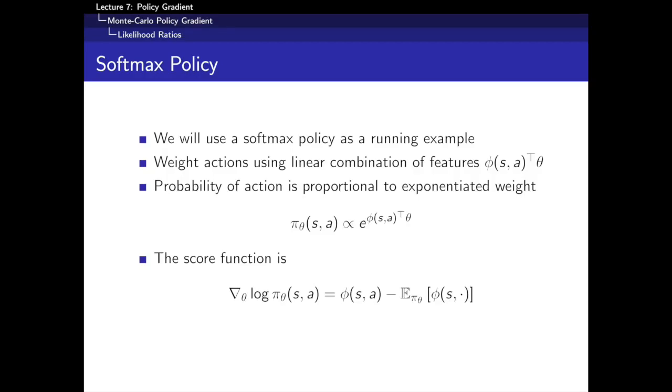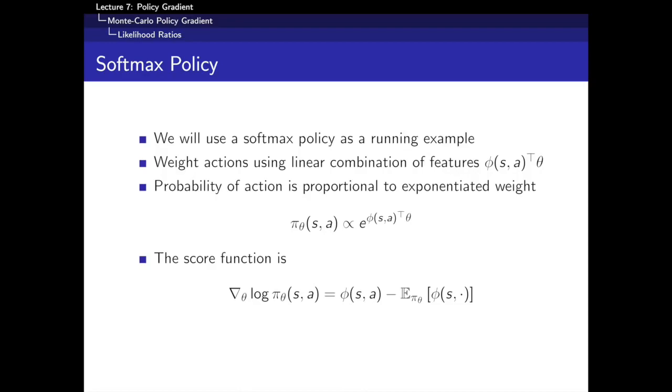And now what we're going to try and do is find the gradient of this thing. We want to know, how do we adjust this thing so as to get more of the good things? So we need to know the score function, and the score function is very intuitive for this softmax. The score function, the gradient of this log policy, is just the feature for the action that we actually took minus the average feature for all the actions we might have taken.